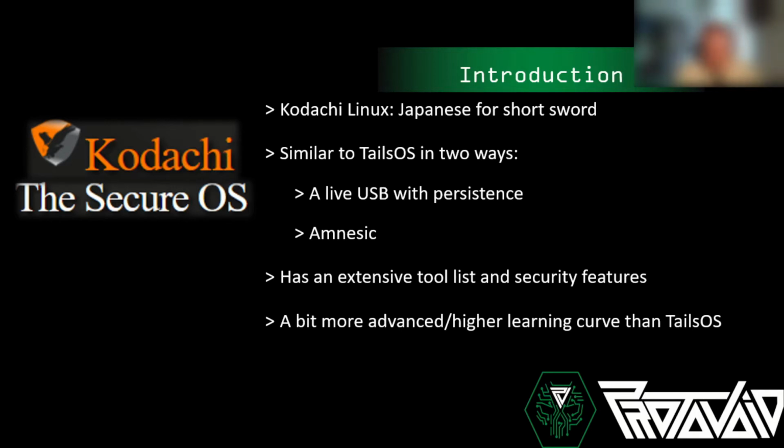However, it has, again, an extensive tool list, not just security, but also functionality and productivity. It has way more security features than Tails, which we'll go over. But there is, I'll call it a drawback, in that it's a more advanced operating system, and it has a much higher learning curve than Tails.